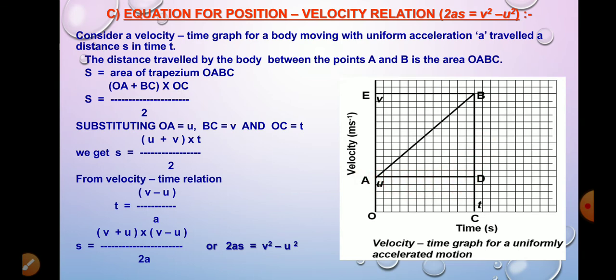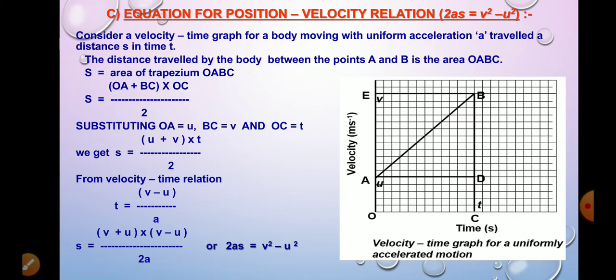The parallel sides are OA and BC, and the height is OC. So half into OA plus BC into OC.